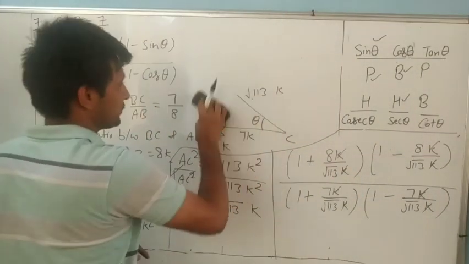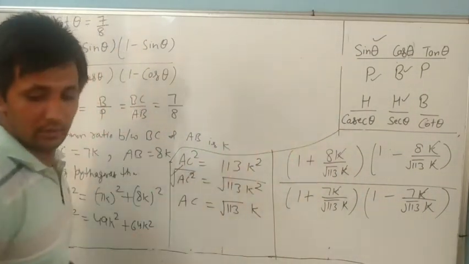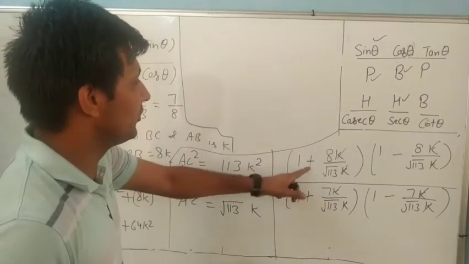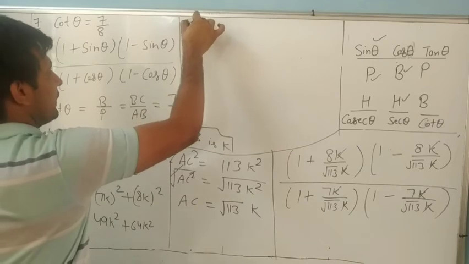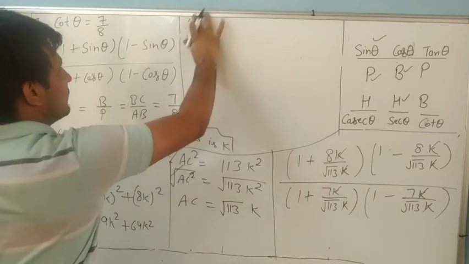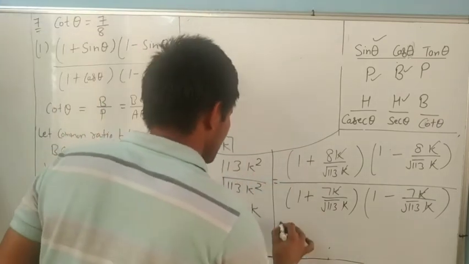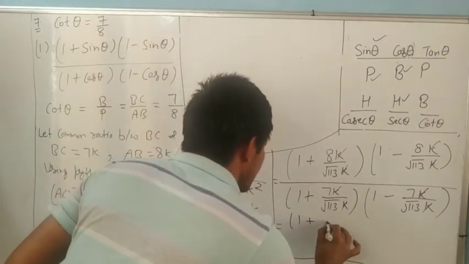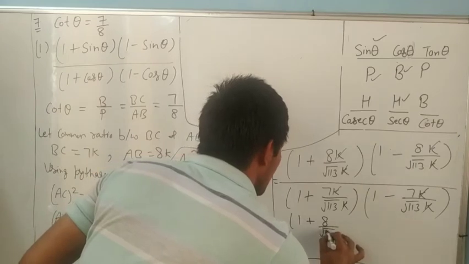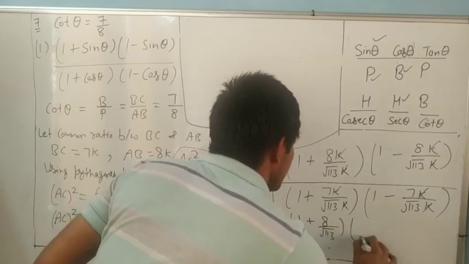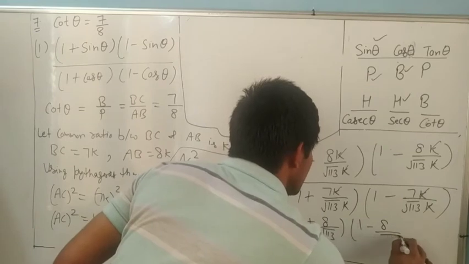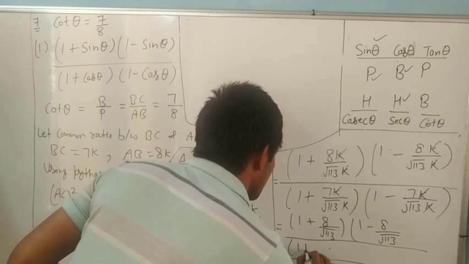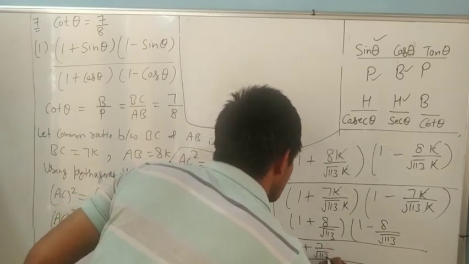Now I am drawing this figure. Look. It becomes 1 plus 8 by root 113, into 1 minus 8 by root 113, divided upon 1 plus 7 by root 113.